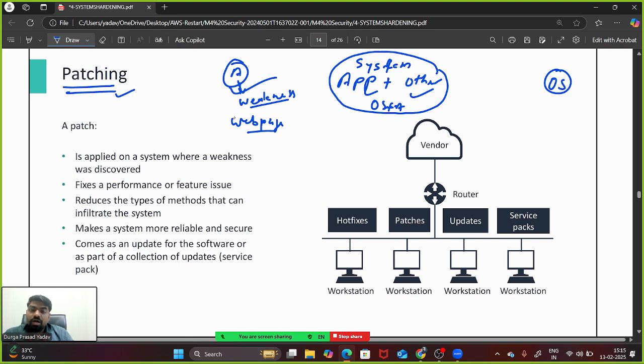So to come out of those weaknesses, we can apply a patch. What can a patch do? A patch will fix the performance issues and feature issues, and you will be able to reduce the methods that can infiltrate the system. If you apply the patch to your system where it has weaknesses, then your system will be more reliable and secure.